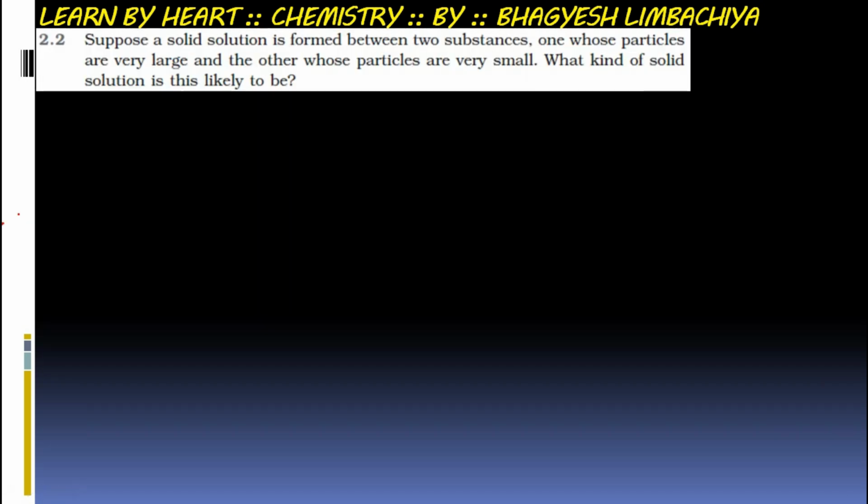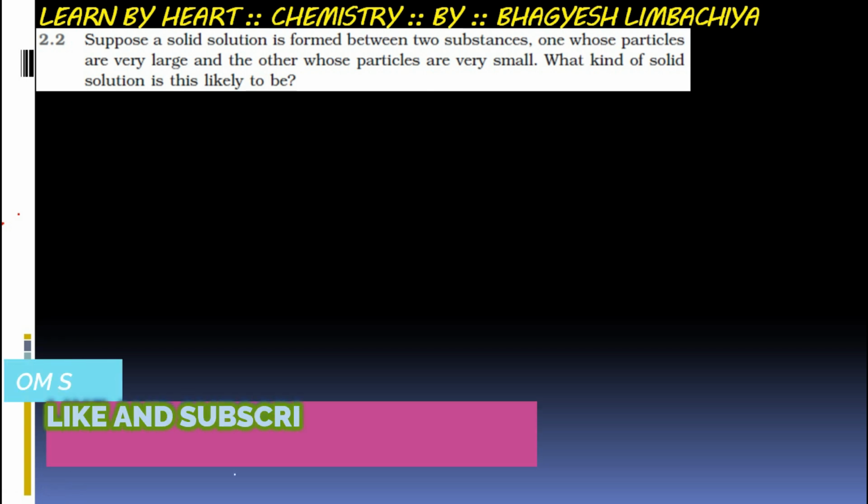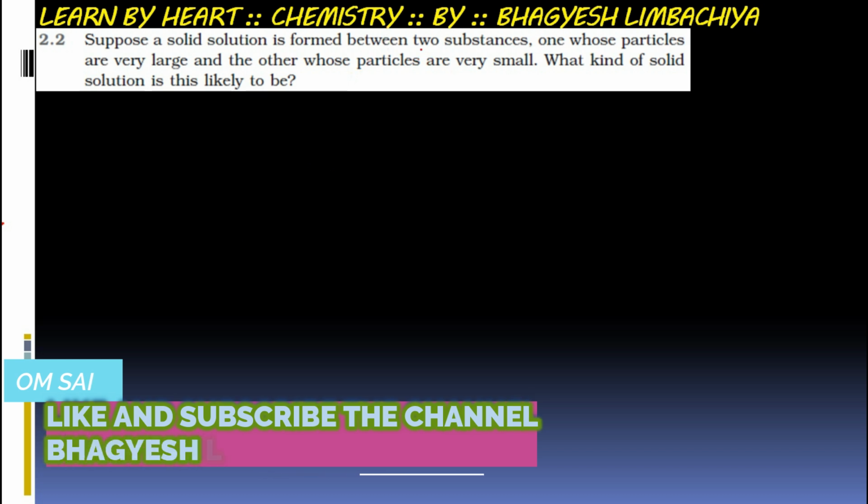Now we are taking question number 2. You are given that suppose a solid solution is formed between two substances, one whose particles are very large and another whose particles are very small. So what kind of solid solution is likely to be formed?